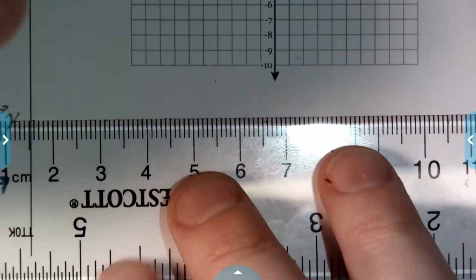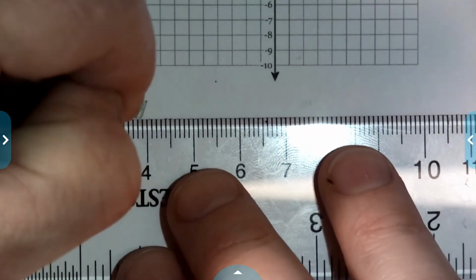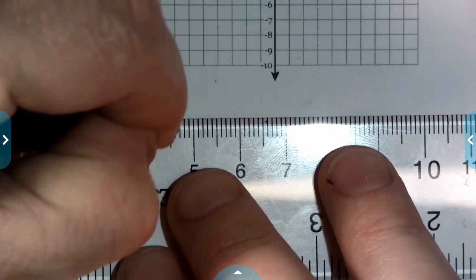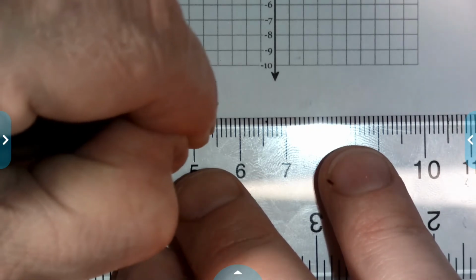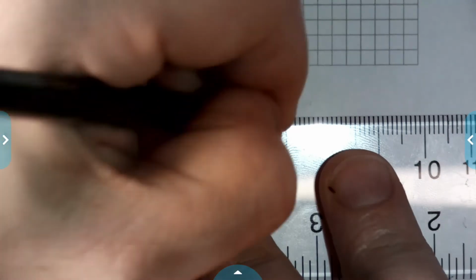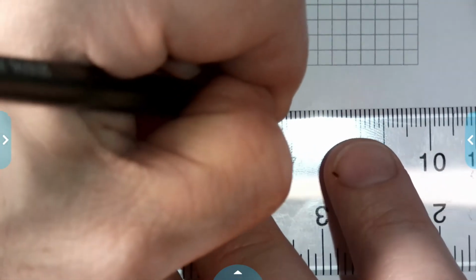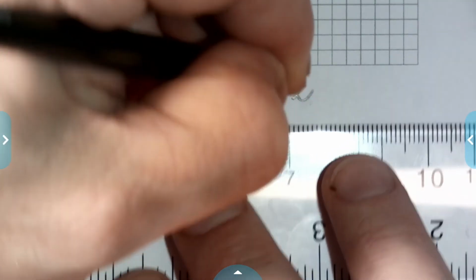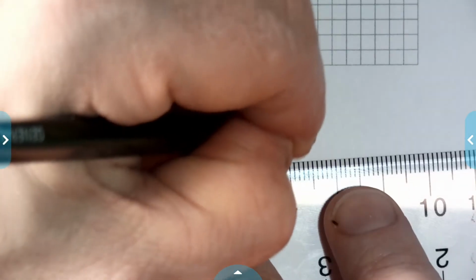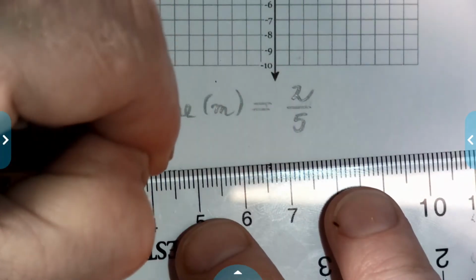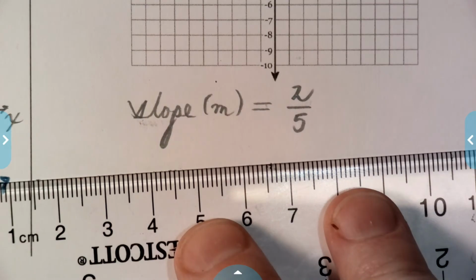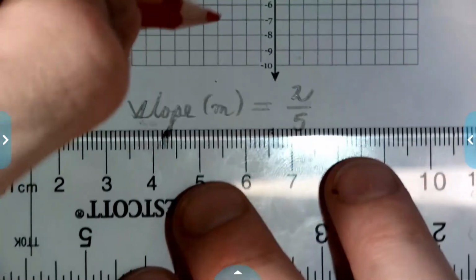So down here we would write slope m equals 2/5. Okay, you put that in the box.